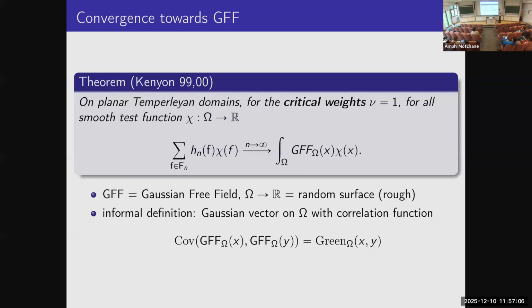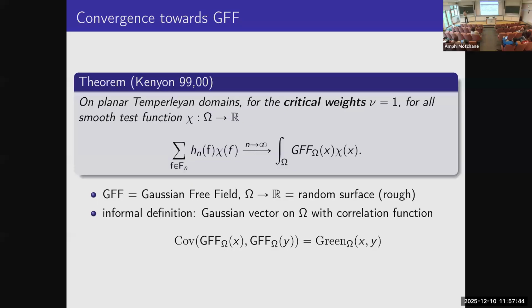Okay. What's the Temperleyan domain? Well, it's a domain which has some particular boundary conditions. So if you look at the square lattice, do you know Temperley's bijection? Temperley's bijection is a bijection between dimers and uniform spanning trees.